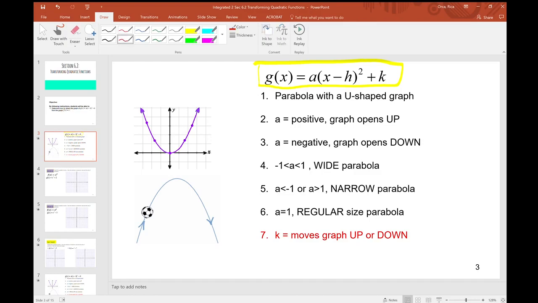So that g of x is just a transformation of what we saw in our previous lesson, which is f of x equals ax squared. A is our scale factor. And we have new letters in our formula. We have h and k.